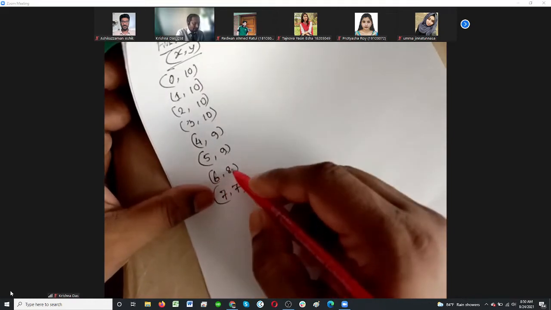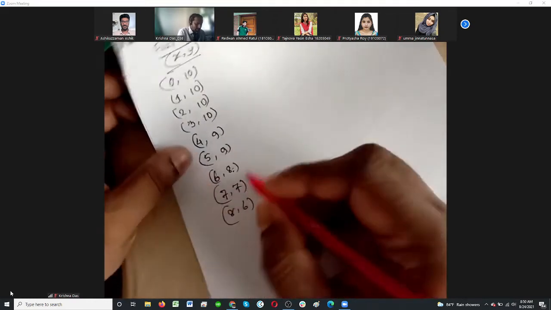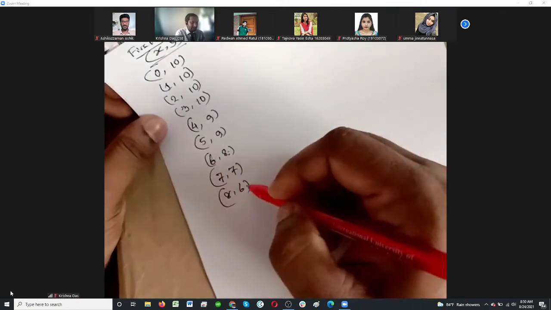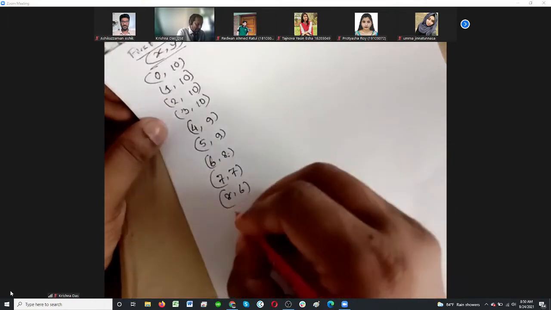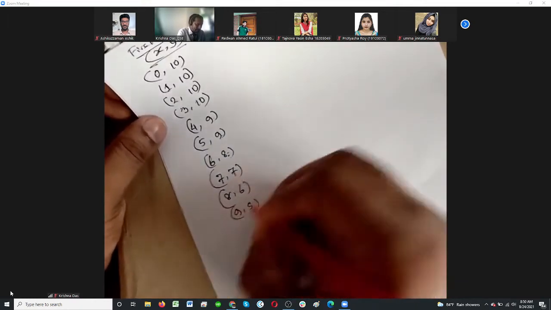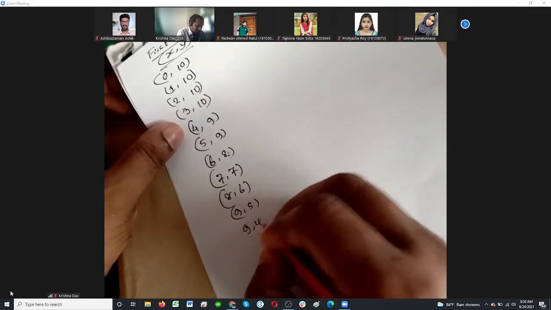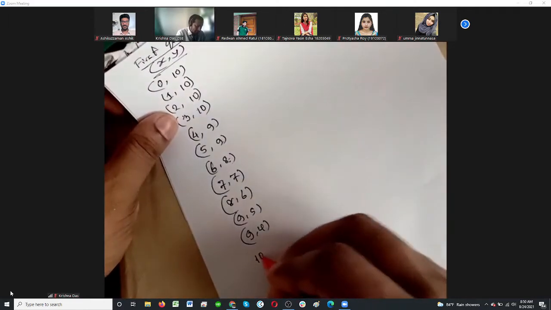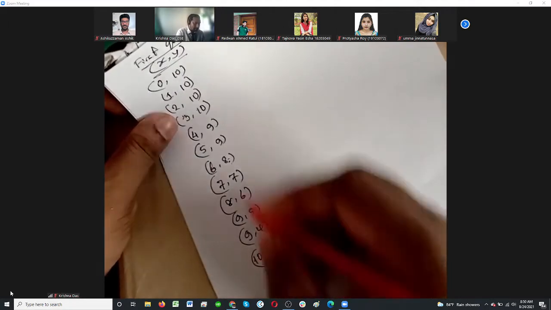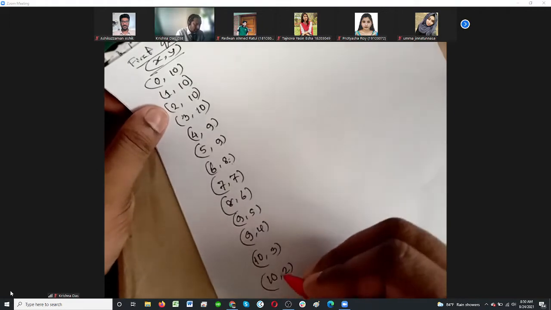Now 6, 8 will be 8, 6, when x becomes y and y becomes x. Then 5, 9 will be 9, 5. Then 4, 9 will be 9, 4. Then 3, 10 will be 10, 3. 2, 10 will be 10, 2.